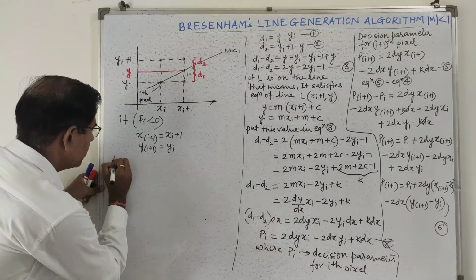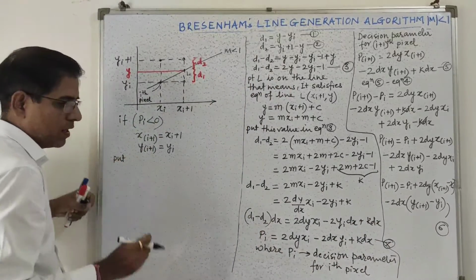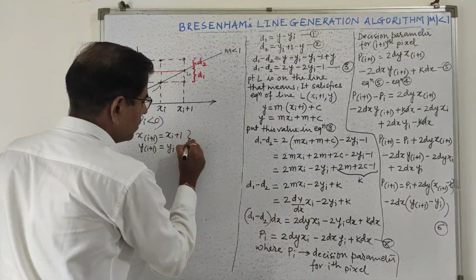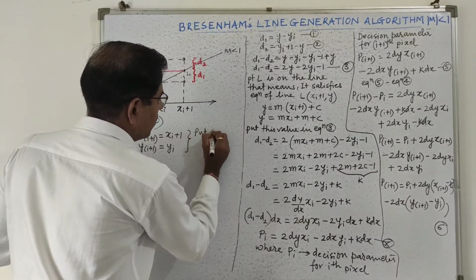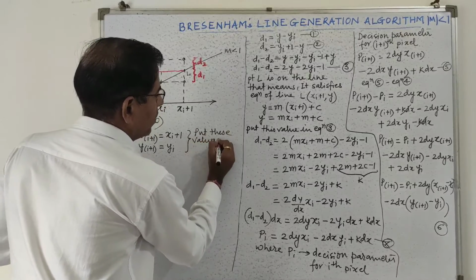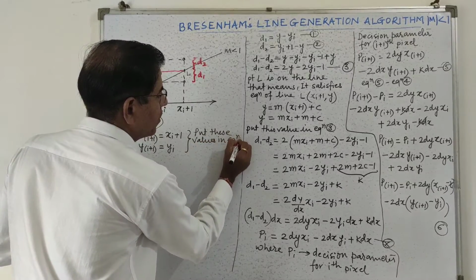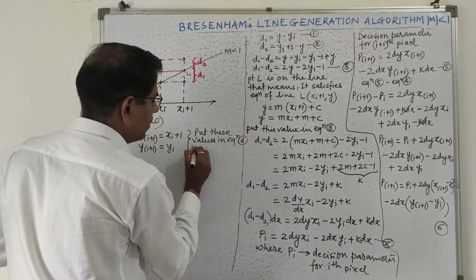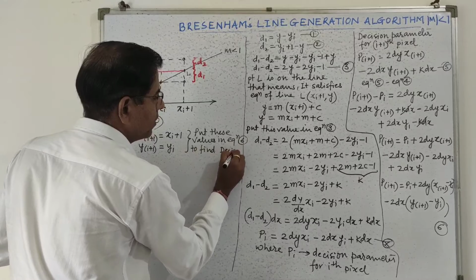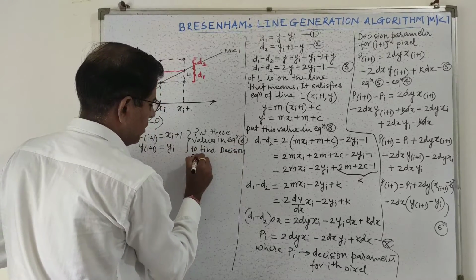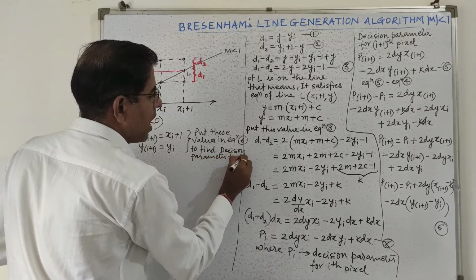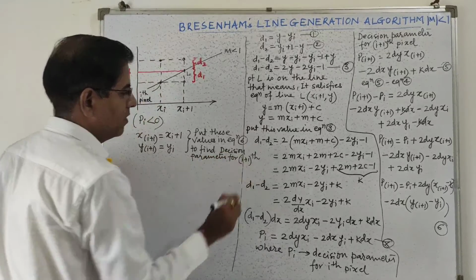So put these values in equation 6 to find the decision parameter for I plus 1 pixel.